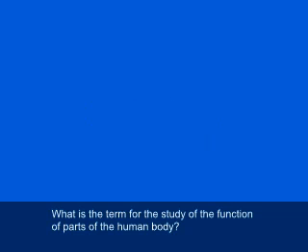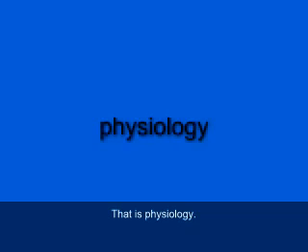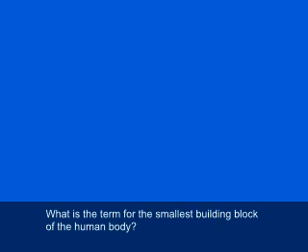And what is the term for the study of the function of parts of the human body? That's physiology, P-H-Y-S-I-O-L-O-G-Y. Now, what is the term for the smallest building block of the human body?